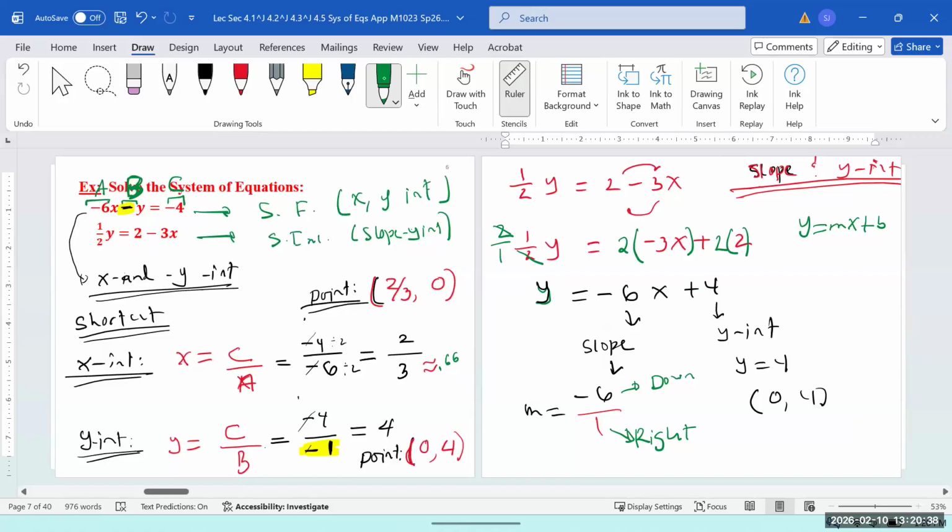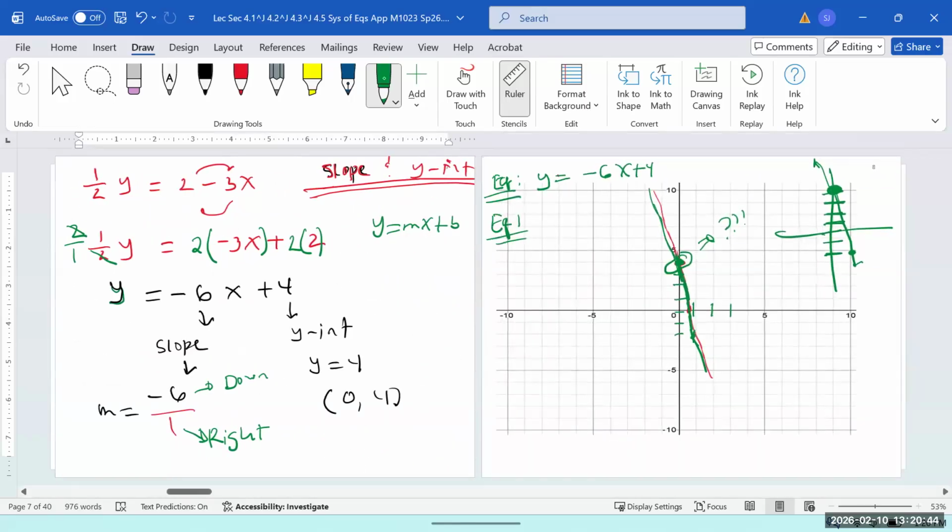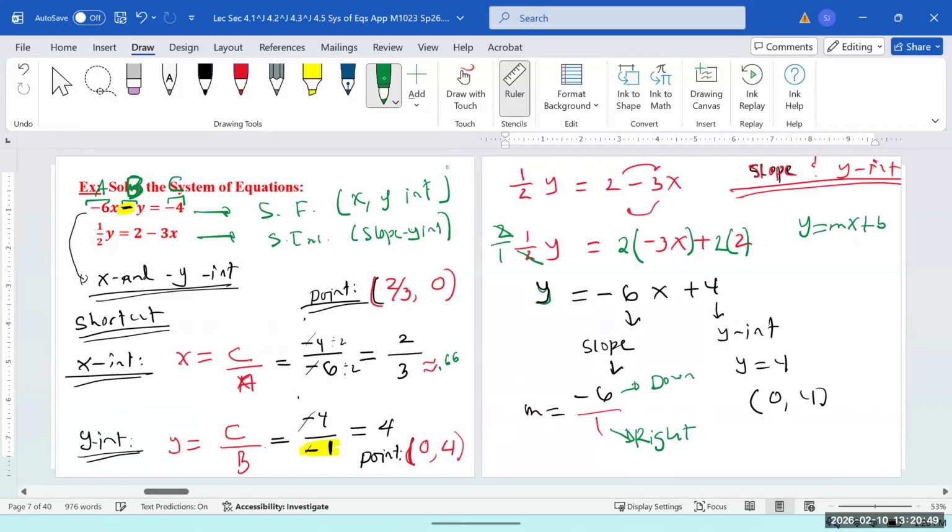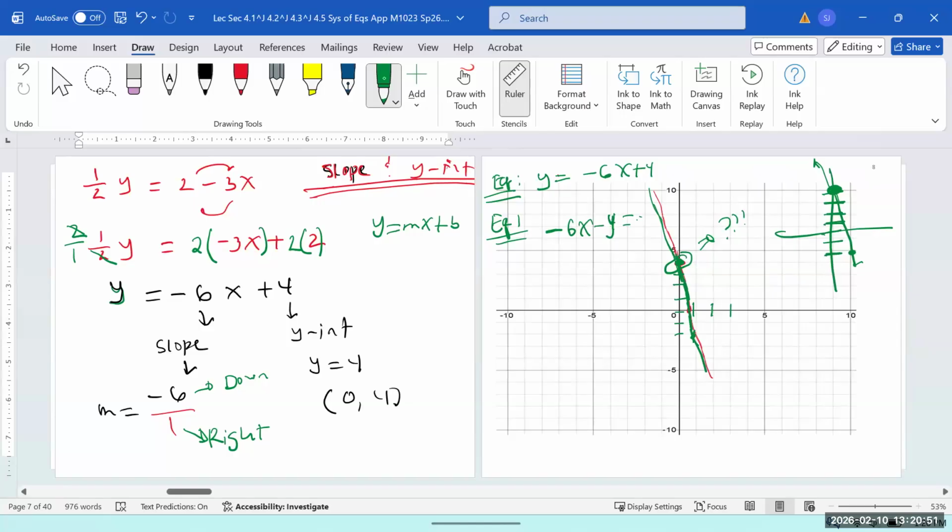So these are the two equations on the left side.